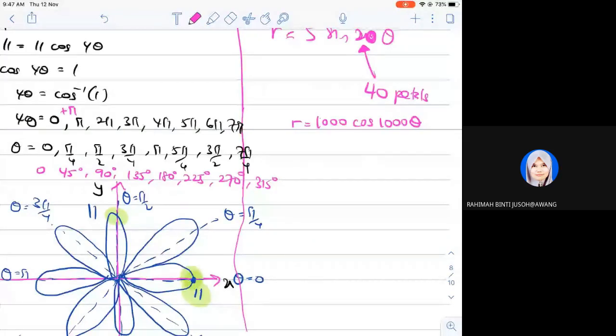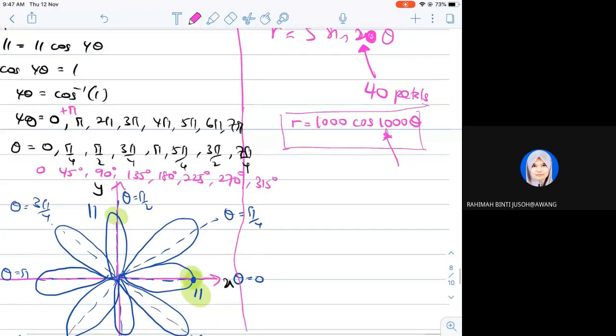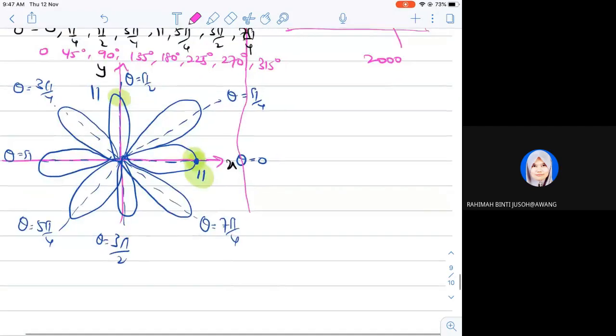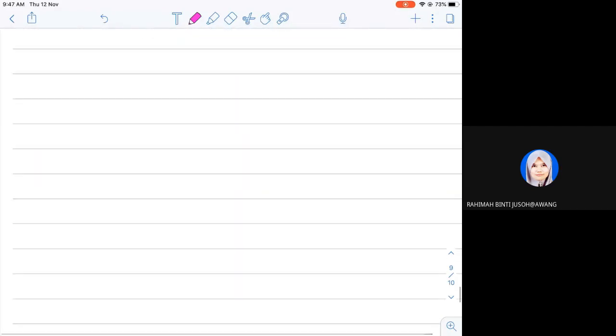Kalau dia student engineering, dia akan reply, dia suka lah, she will like it. But if dia tak faham, kalau dia minta clash, saya tak bertanggungjawab. You faham tak ni? Berapa petals ni, bunga ni? 2000. 2000 petals kelopak. Okay? So, that's the beauty of mathematics lah. Lukis bunga pun boleh dalam mathematics.